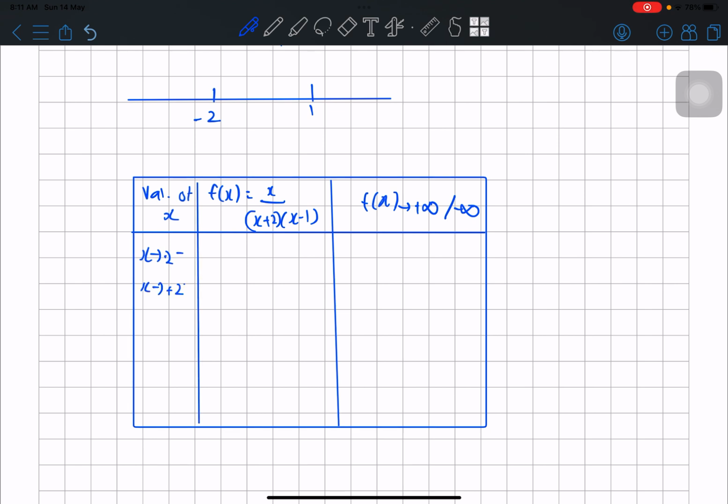If you substitute numbers from these regions into the function, you get less than 0 for the first one, more than 0 for the second one, less than 0 for the third, and finally more than 0.